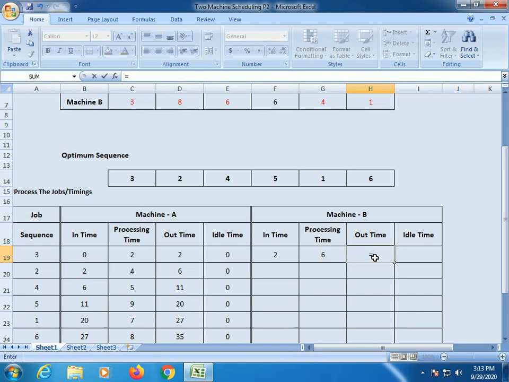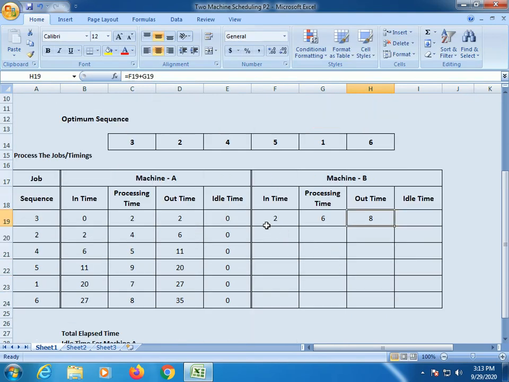Here we have to calculate in time plus processing time, which will be the out time. Whatever the job, in time plus processing time is equal to out time. So at the 8th hour we can complete job 3 on machine B.